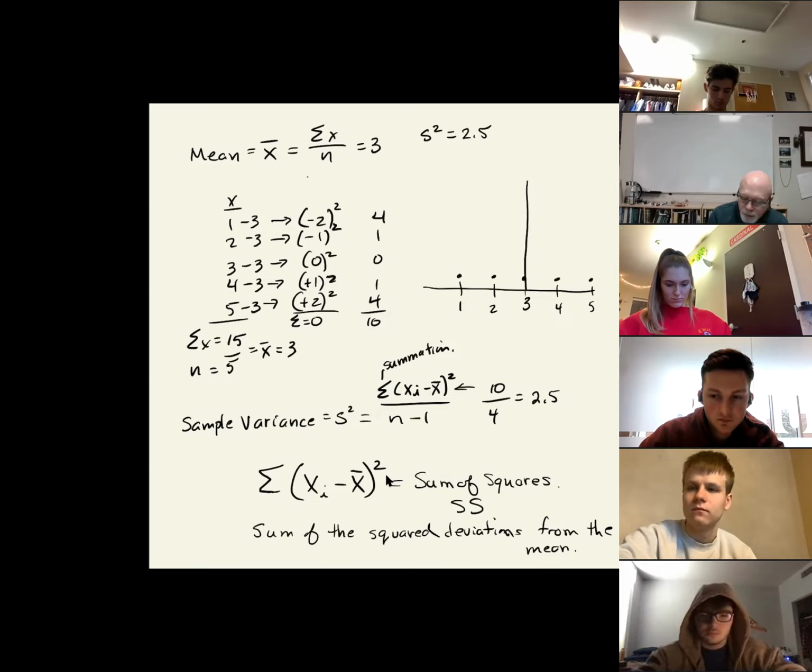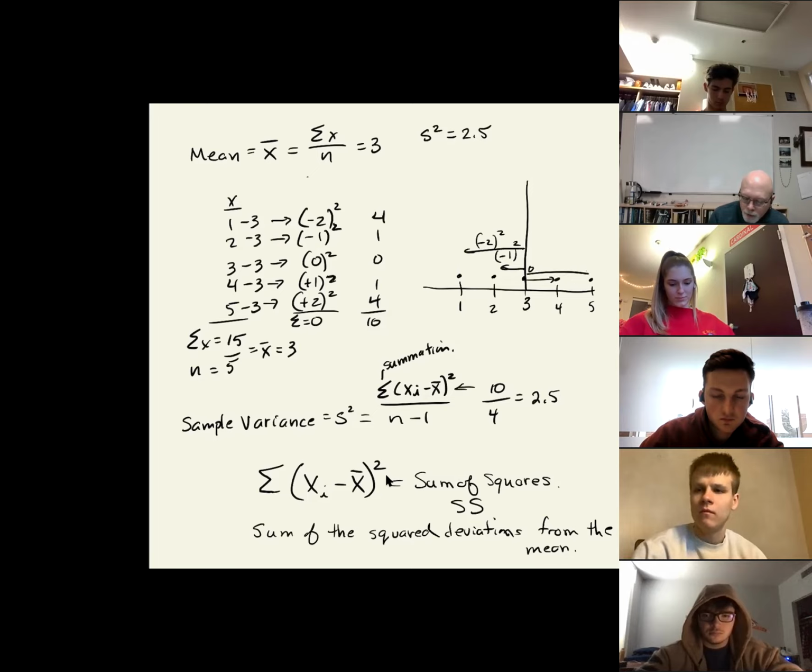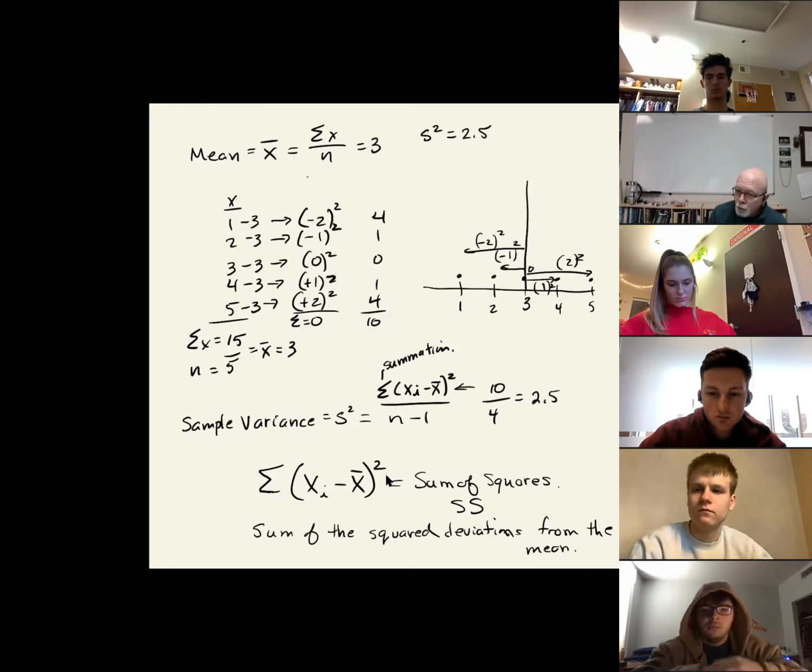The deviation from the mean of 3 is 0. The deviation from here is -1. The deviation from here is -2. That gets squared, and that gets squared. The deviation here is 1, the deviation here is 2. That gets squared, and that gets squared. So the sums of squares are the sum of the squared deviations from the mean. And like I said, we're going to be seeing that a lot. Oftentimes in statistics books, this is referred to as the residual value, so this shows you residual variation that occurs around the mean.